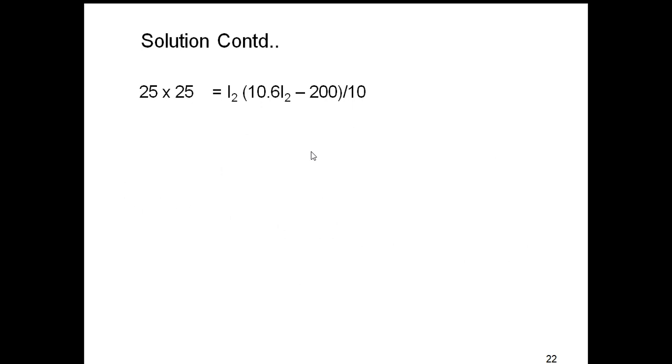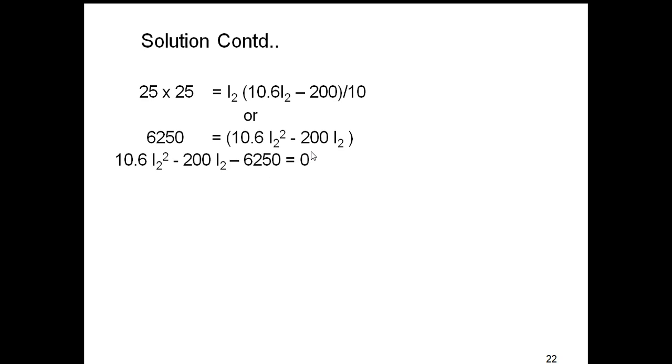From that, 25 into 25 is equal to I2 into 10.6 I2 minus 200 by 10. On further solving this, we get 6250 is equal to 10.6 I2 square minus 200 I2. This will be a quadratic equation.